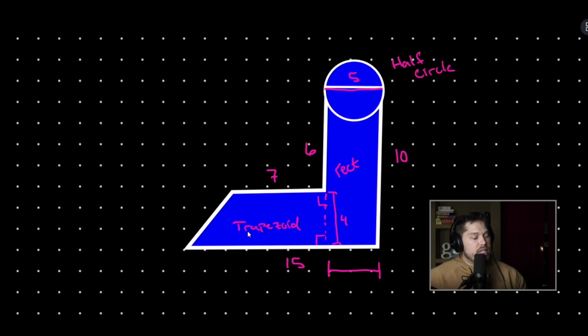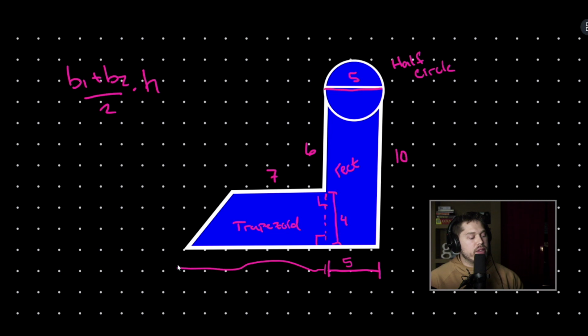So what is this trapezoid going to be? Remember, the trapezoid area is base 1 plus base 2 divided by 2 times the height. So we have 7 plus, oh, check this out. I was about to write 15, but it's not 15. We know this distance up top is 5. And if this full distance was 15, then this part is going to be 10. So our base 1 is 7.